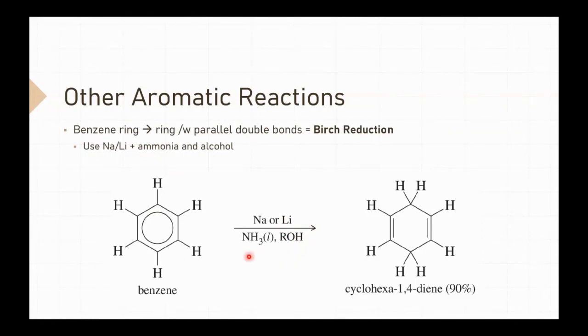You can tell it's a Birch reduction because it's the only reaction that has a liquid in it. So when you see something liquid, especially ammonia, it's going to make this benzene ring into a diene, but instead of being conjugated, the double bonds will be separated.